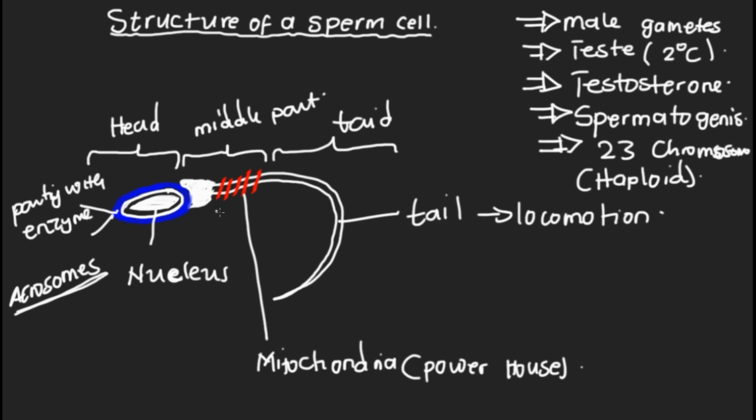Then after that, the mitochondria can also be used as an adaptation, as it is very important in order to release energy. Then apart from the mitochondria, the other adaptation is the tail. The tail rotates like a rotor and it propels the sperm cell forward.